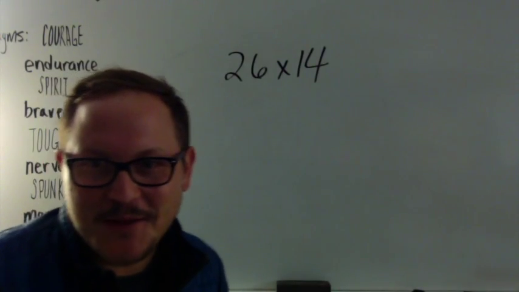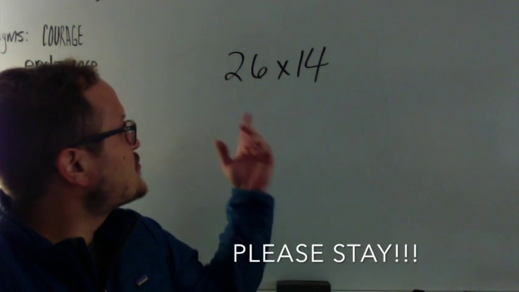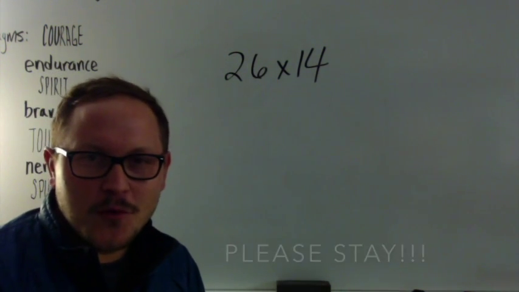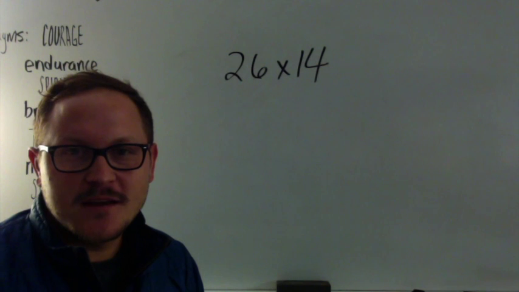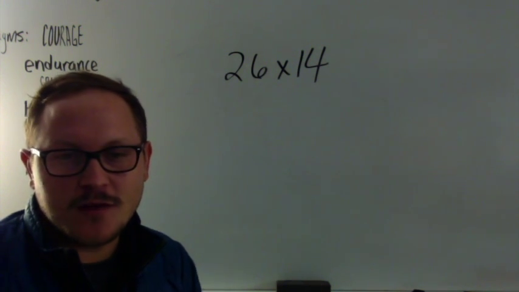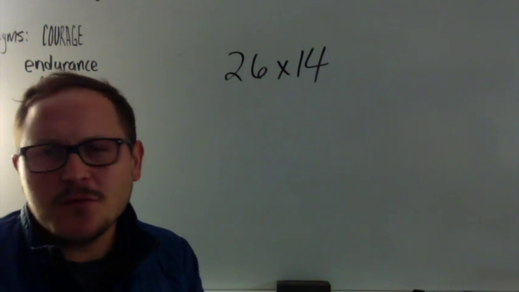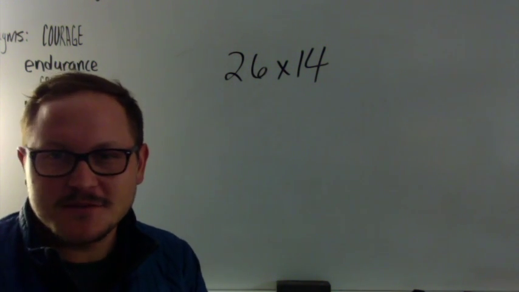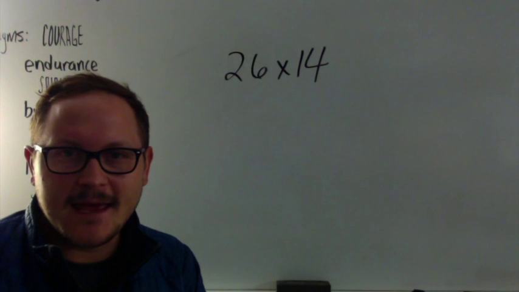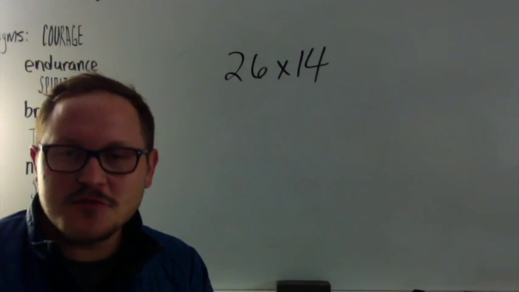Hopefully that didn't make you quit the video. 26 times 14, I left on the board to reintroduce or to allude to the double half strategy. Sometimes children will say, well, I don't know how to do double digit, and 2 digits times 2 digits prevents them from trying.